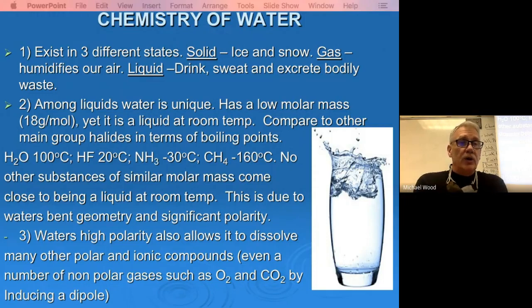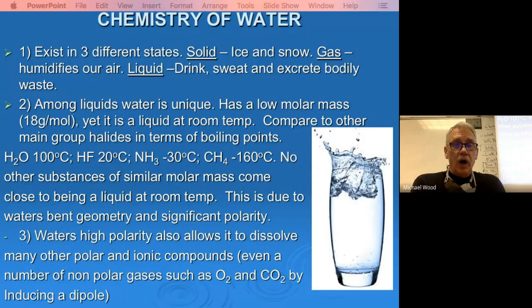And again, if you were to go any place else in the solar system, there's one place that they think there's water, and it's ice. It's the moon of Jupiter called Europa. So water makes the Earth very unique, but it exists in 3 different states: solid, liquid, gas. It doesn't do this anywhere else in our solar system.